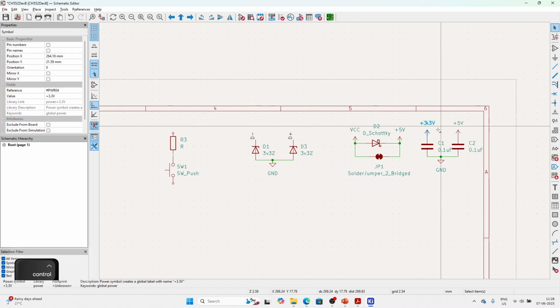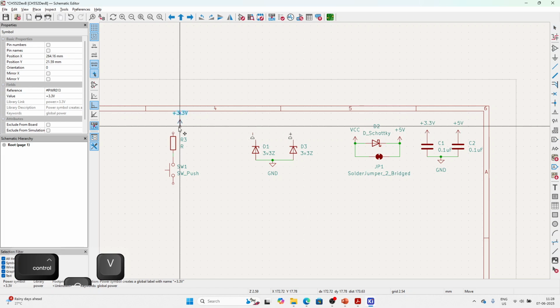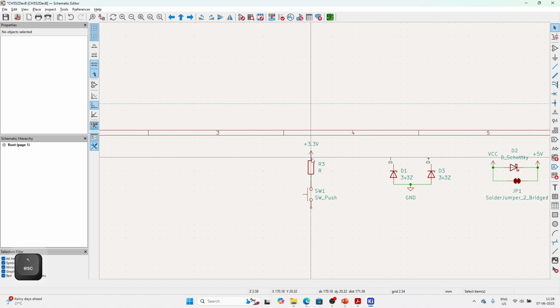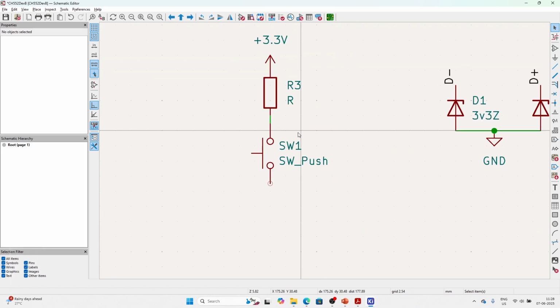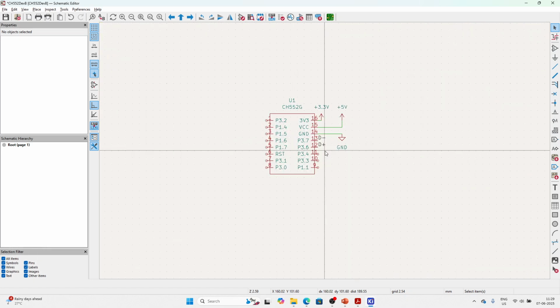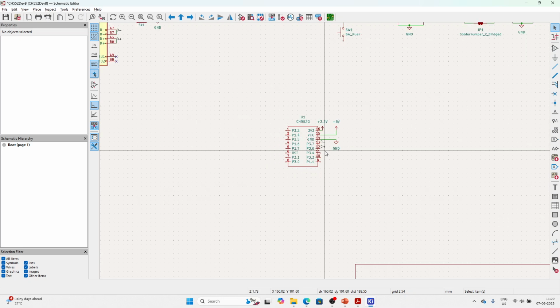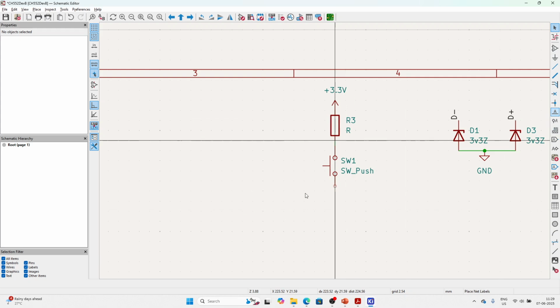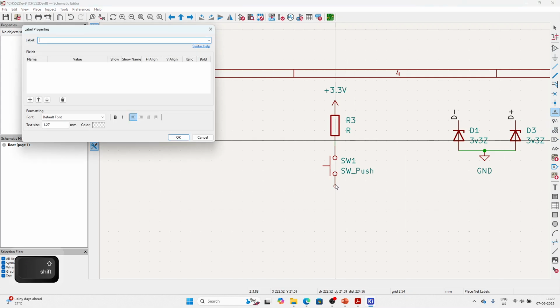Let me take the lower of these two, VDD and 3.3. Let me take 3.3 itself because that would be from the internal LDO, and that is what the microcontroller also understands as one of the pins. So here we can generate a label called RST or reset.